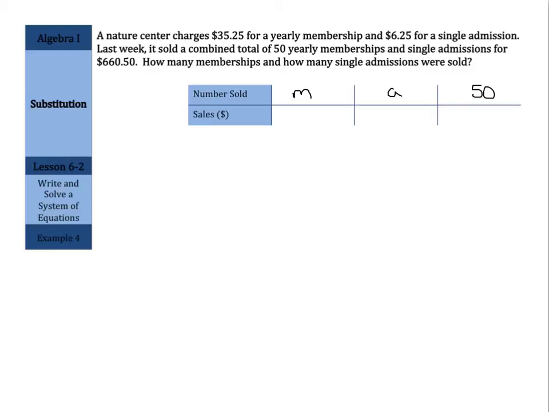We know that the sales for the yearly memberships can be represented by $35.25 times M. That represents the total sales of the memberships. We know that single admissions were $6.25, and that's going to be times the number of admissions A. And we know that the total sales was $660.50.